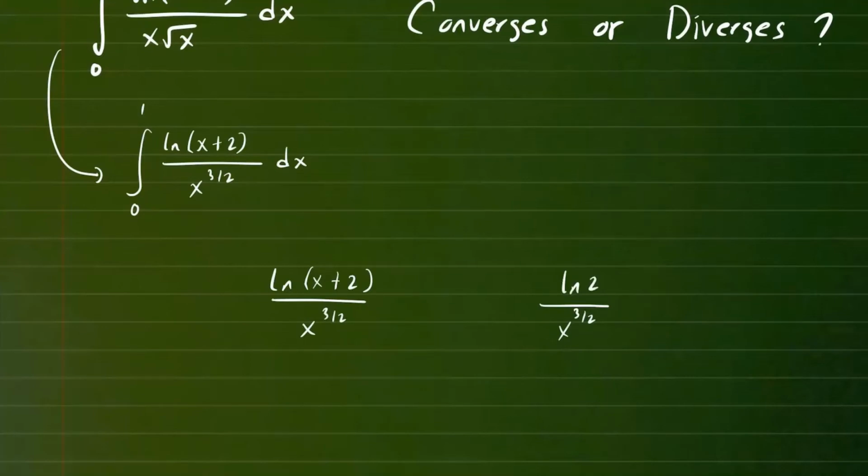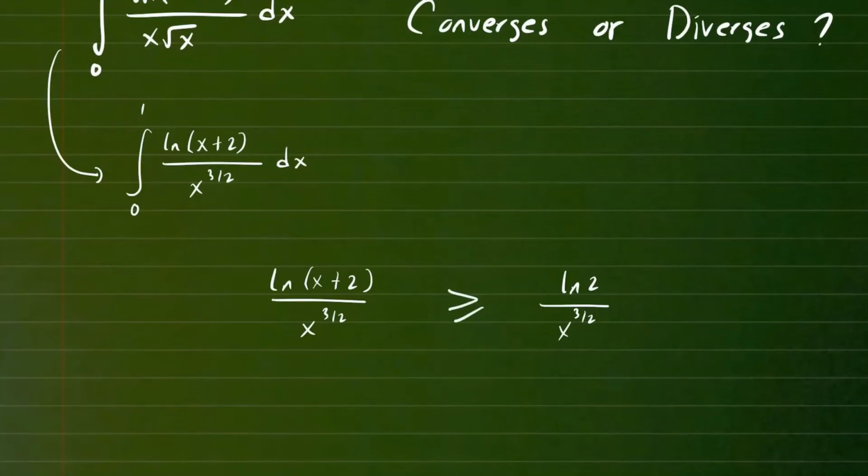Because if I plug in 0 for ln of x plus 2, the lowest value I can obtain is ln of 2. And then when you plug in 1 into ln of x plus 2, that maximum will be ln of 3. So if you look at this expression, ln of x plus 2 over x to the 3/2 is greater than or equal to this function I just came up with.